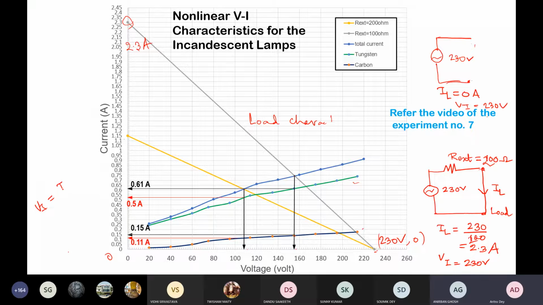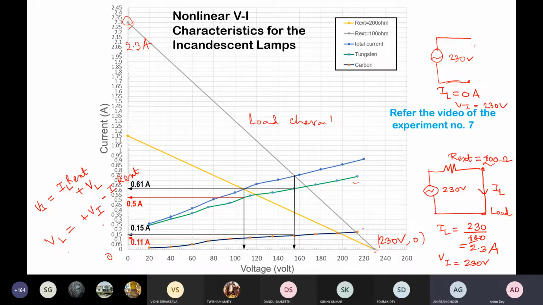V input is equal to I REXT plus VL, drop across load. Okay, so then what are your VI characteristics? VL is equal to VI minus I into REXT.